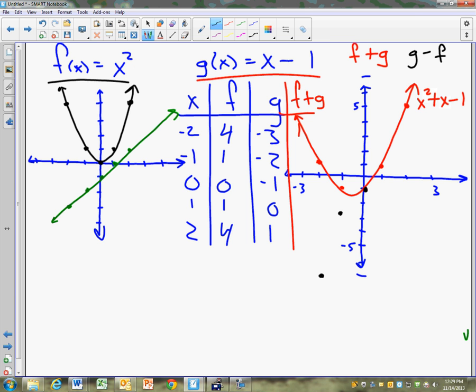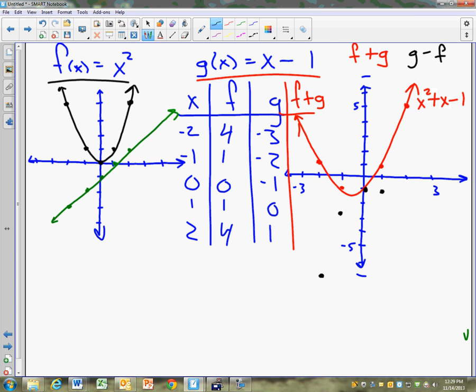Now I do 1. G of 1 minus f of 1, -1. Now I do 2. G of 2, f of 2, 1 minus 4.